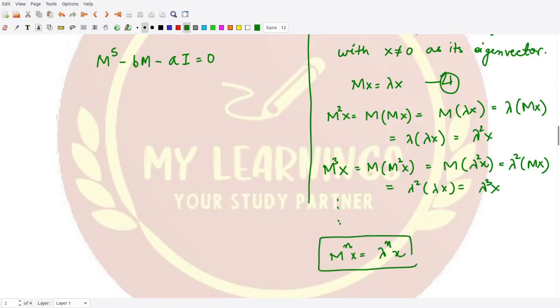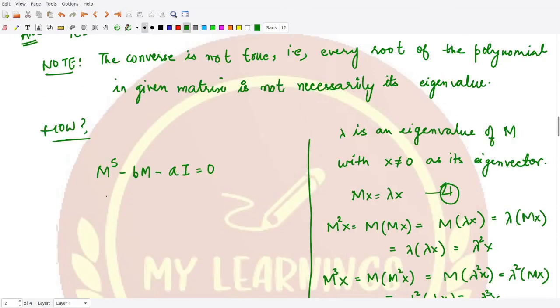Using this expression, if I apply this polynomial onto some member x which is not 0 and which is some eigenvector, then M raised to power 5 minus b M minus aI applied onto x would be 0 of x, which is nothing but the 0 number. So this is a number here, right?